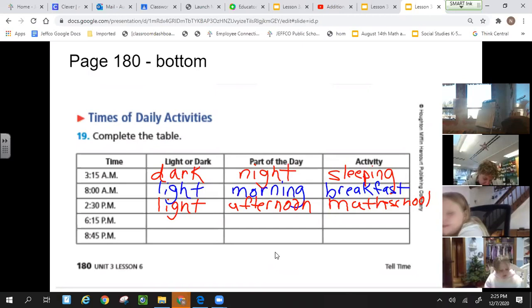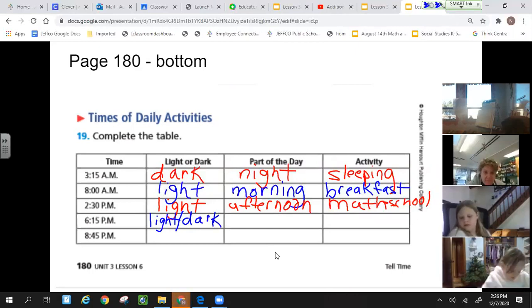Yeah, I think it is light. Okay, so it can be light like in the summertime, right? And early fall, but then late fall and winter, it's dark by 6:15, isn't it? So it can be both.